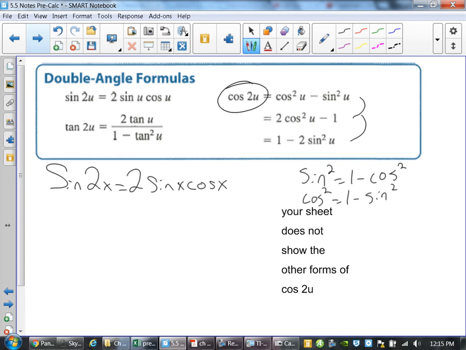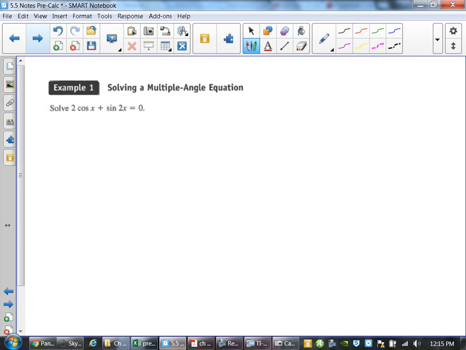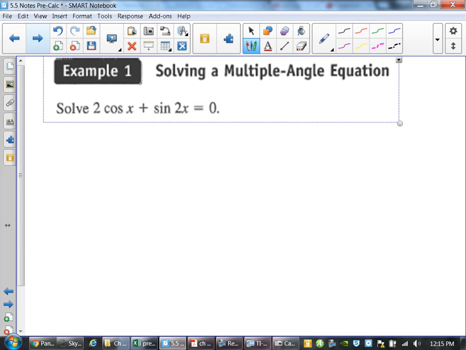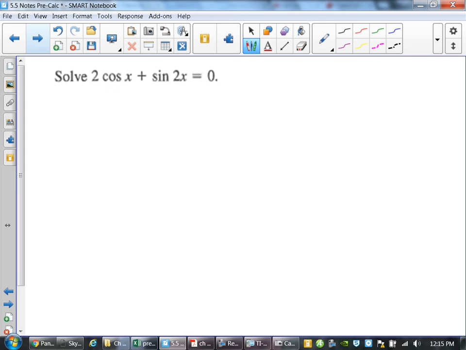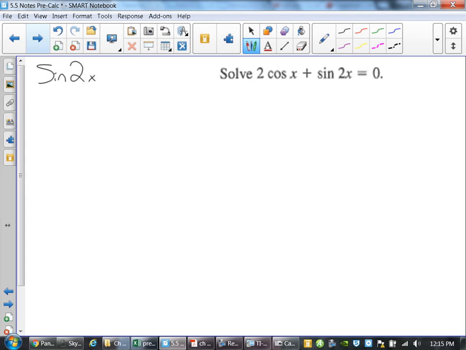And you know it. All right, let me show you an example. 2 cosine x plus sine of 2x equals 0. On my formula sheet, the first one I have is sine of 2x is 2 sine x cosine x.